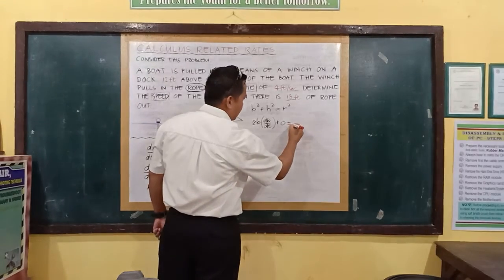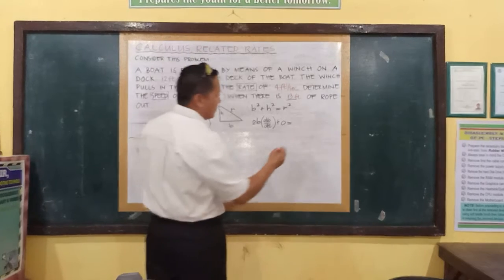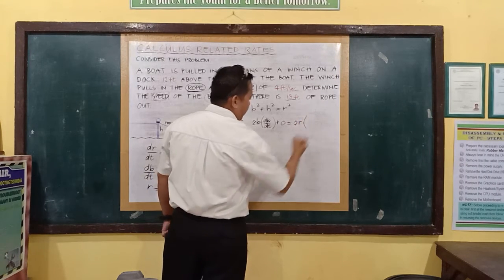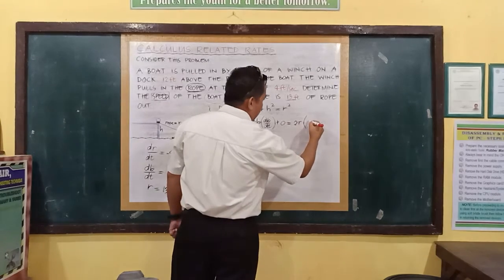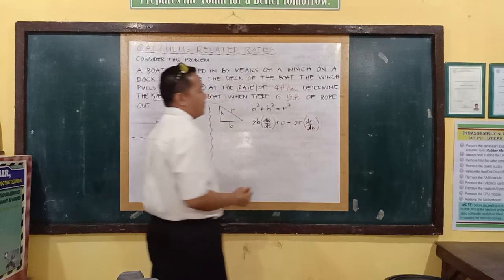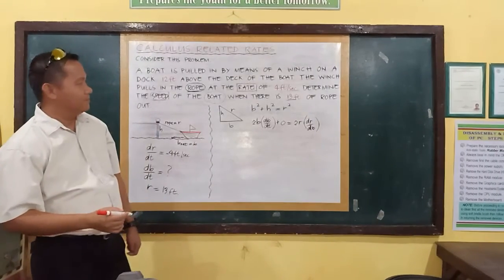Equals the derivative of R squared, which is 2R times the derivative of R with respect to time. Awesome. That's it.